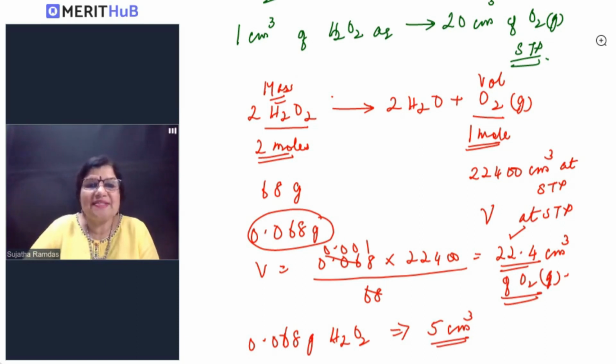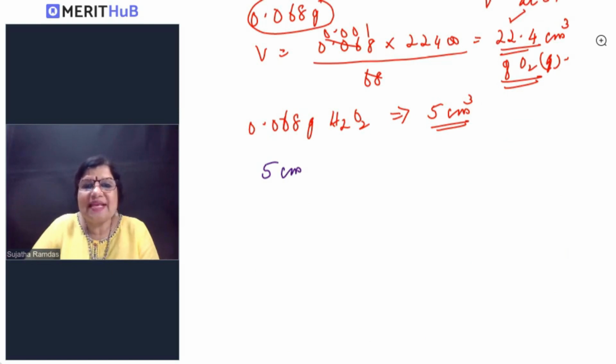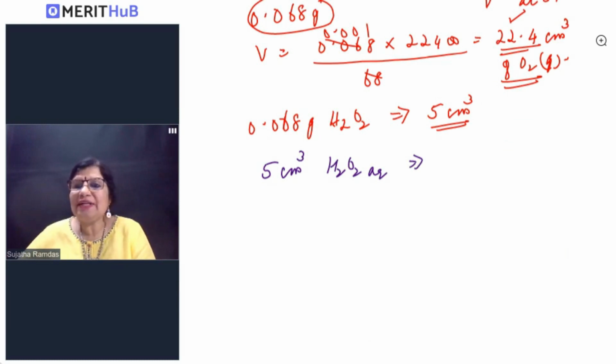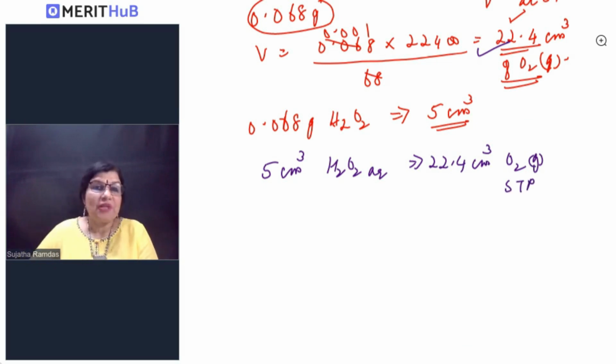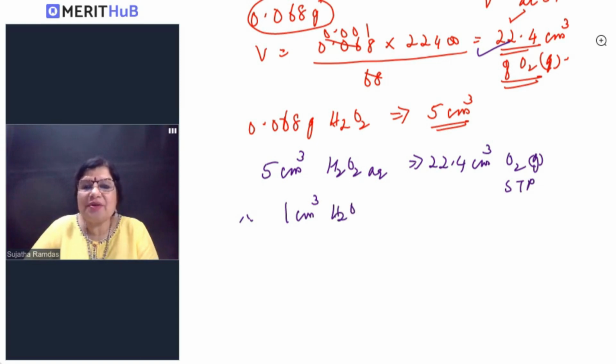Okay, so now we can say that 5 cubic centimeter of hydrogen peroxide aqueous solution produced 22.4 cubic centimeter of oxygen gas at STP. So, 1 cubic centimeter of hydrogen peroxide aqueous solution produces what volume?